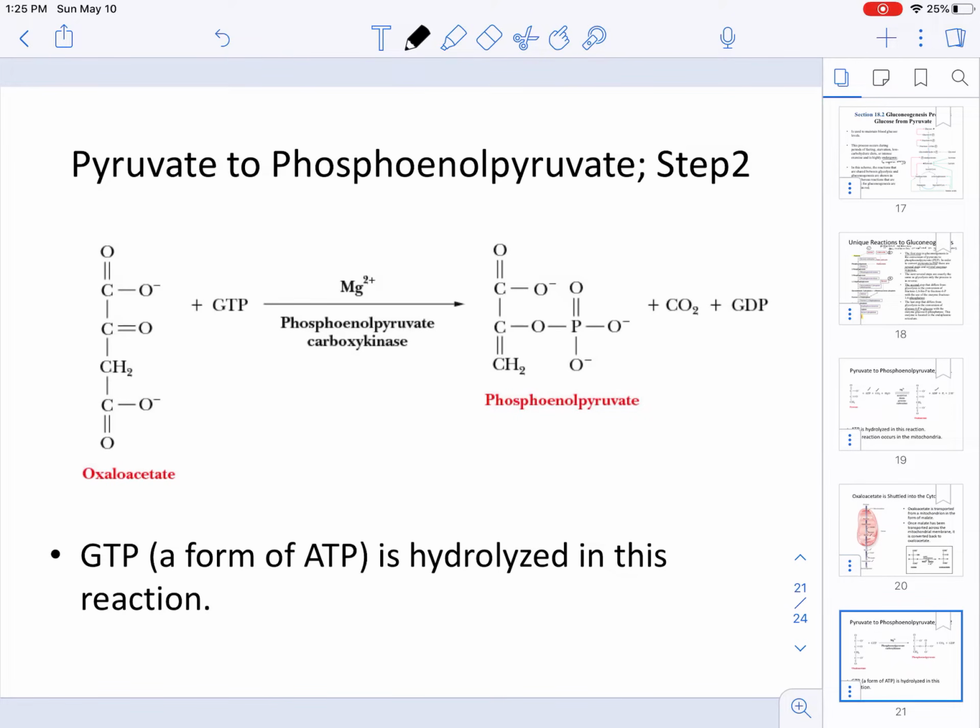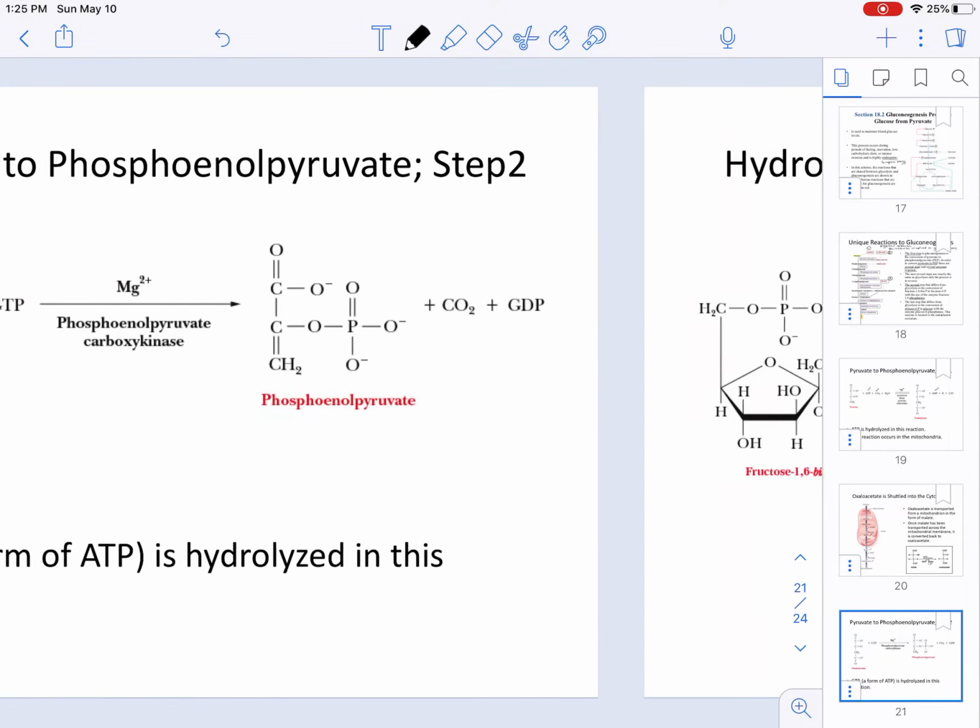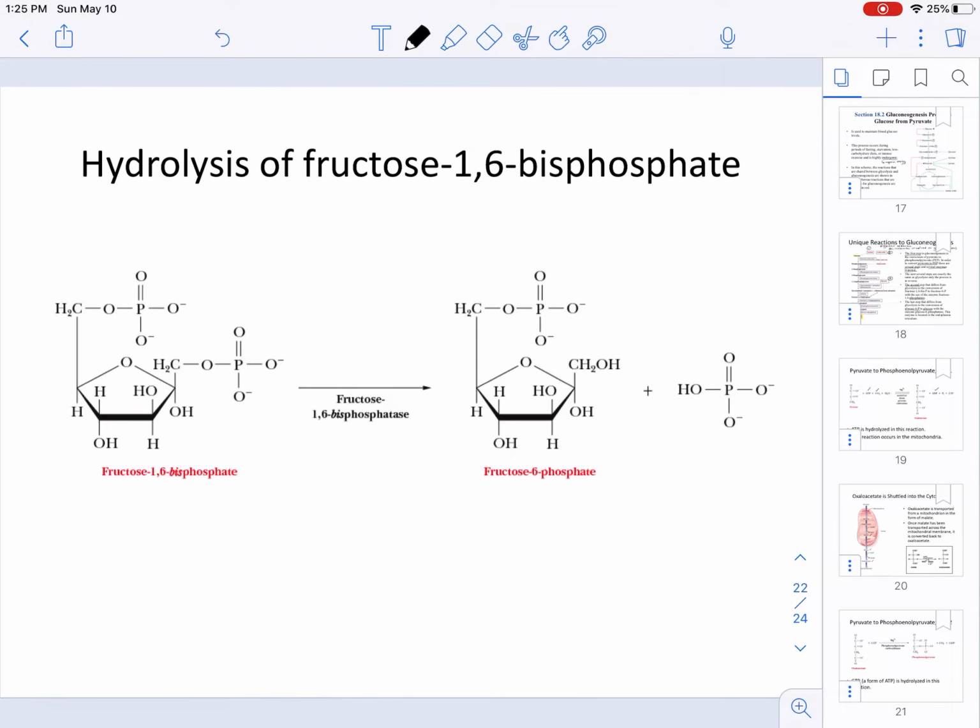So again, as you can see, it takes 2 steps to go from pyruvate to phosphoenolpyruvate in the process of gluconeogenesis. Then there's 2 more reactions that are different from each other, and these 2 reactions are going to be hydrolysis reactions.